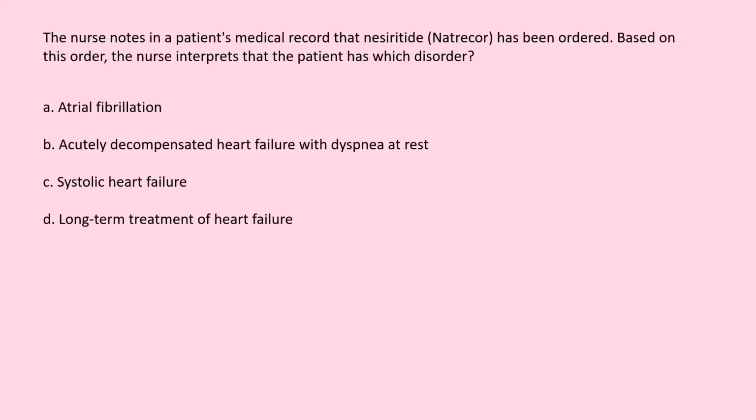The nurse notes in a patient's medical record that nesiritide, Natrecor, has been ordered. Based on this order, the nurse interprets that the patient has which disorder? A. Atrial fibrillation. B. Acutely decompensated heart failure with dyspnea at rest. C. Systolic heart failure. D. Long-term treatment of heart failure.